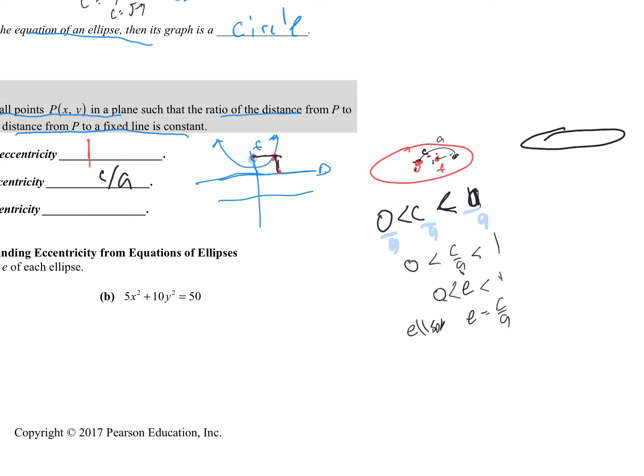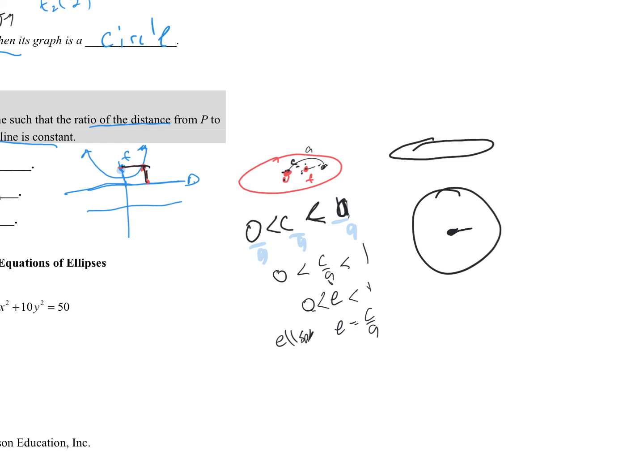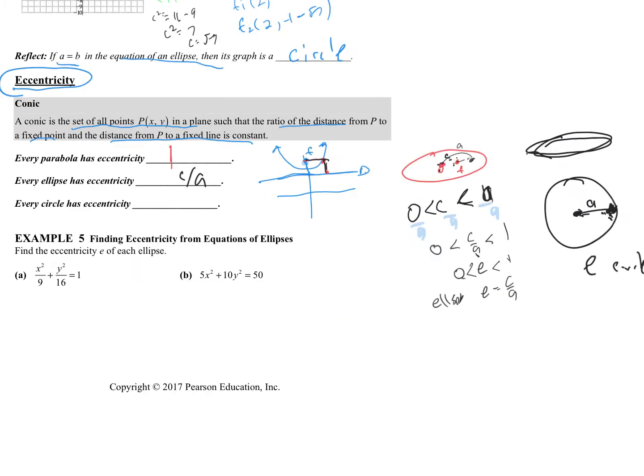Unfortunately, for a circle, your focal point and the vertex A are at the same place. So your focal point is on the edge of the circle, so it's not elliptical at all. So your eccentricity for a circle will be 0 because it doesn't have an egg shape at all. Okay, so 0.